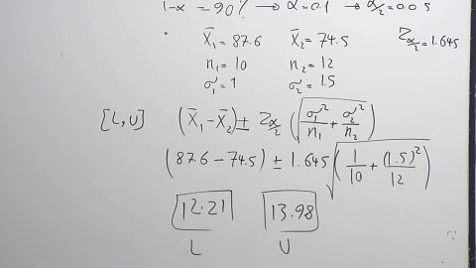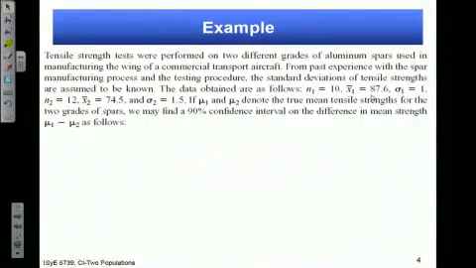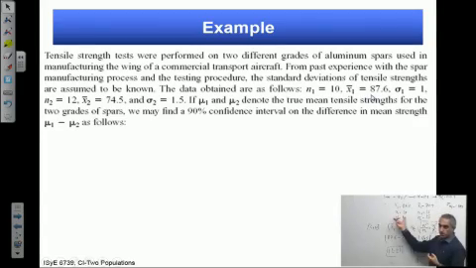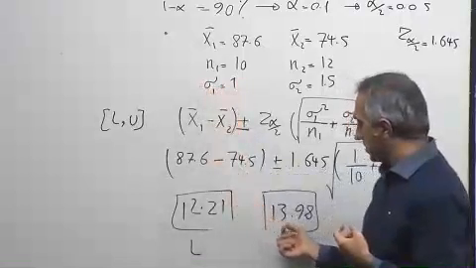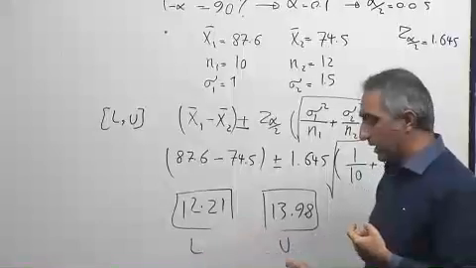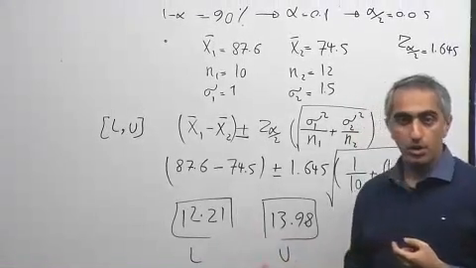Let's say this is about tensile strength. Which one is stronger? Mu1, or grade 1, is stronger. Why? Because both L and U are positive.